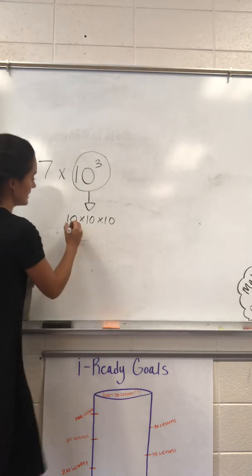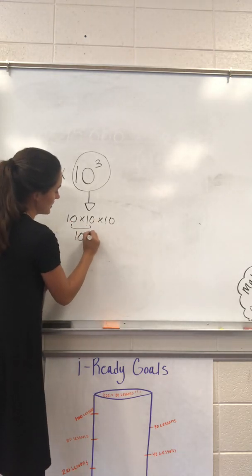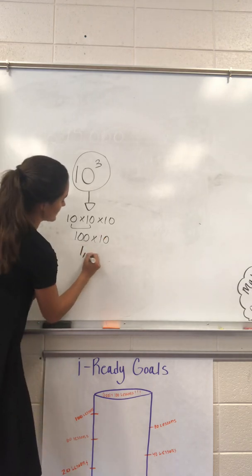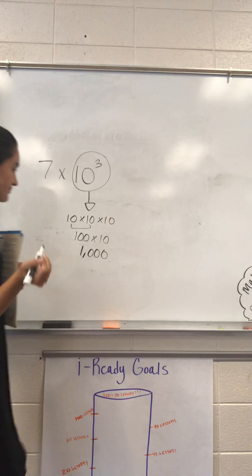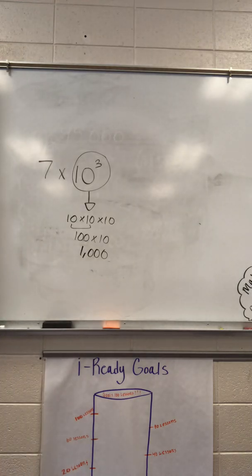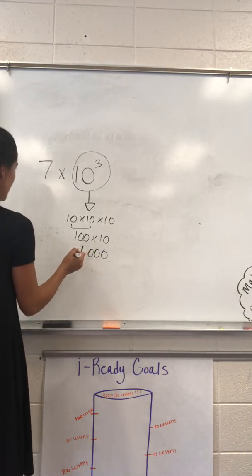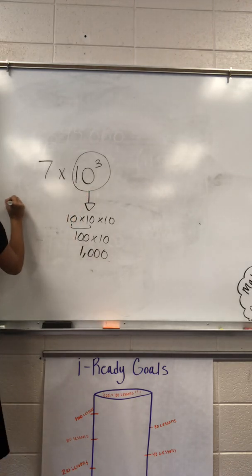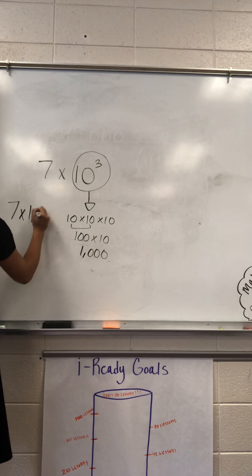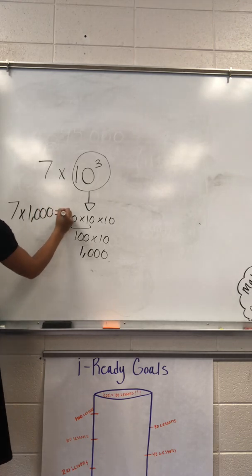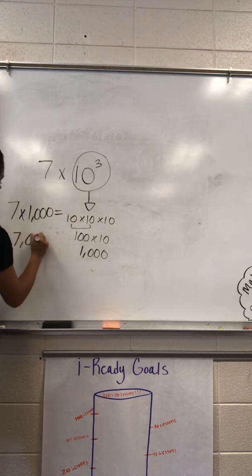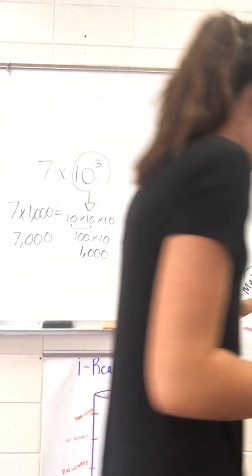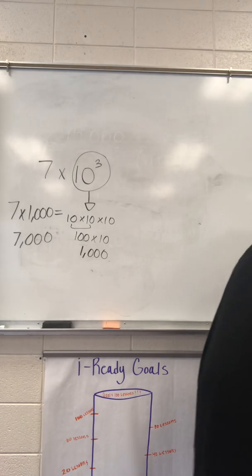So I know that 10 times 10 is 100. So 100 times 10 is 1,000. Okay, so now I know that this represents 1,000. So now I can do 7 times 1,000, which will give me 7,000.